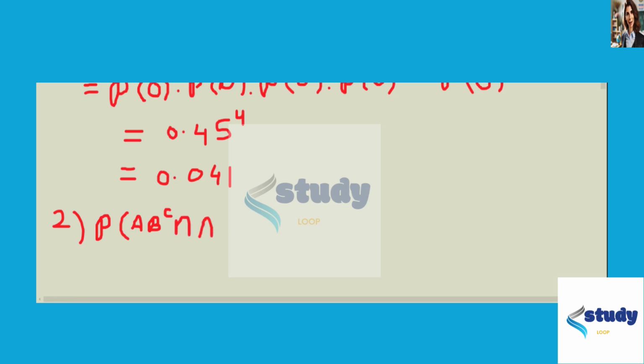Intersection, same condition for second person, so it must be AB complement. Again intersection, AB complement. We don't want them to be of AB, so they can be any blood type other than AB, and so we are writing AB complement.